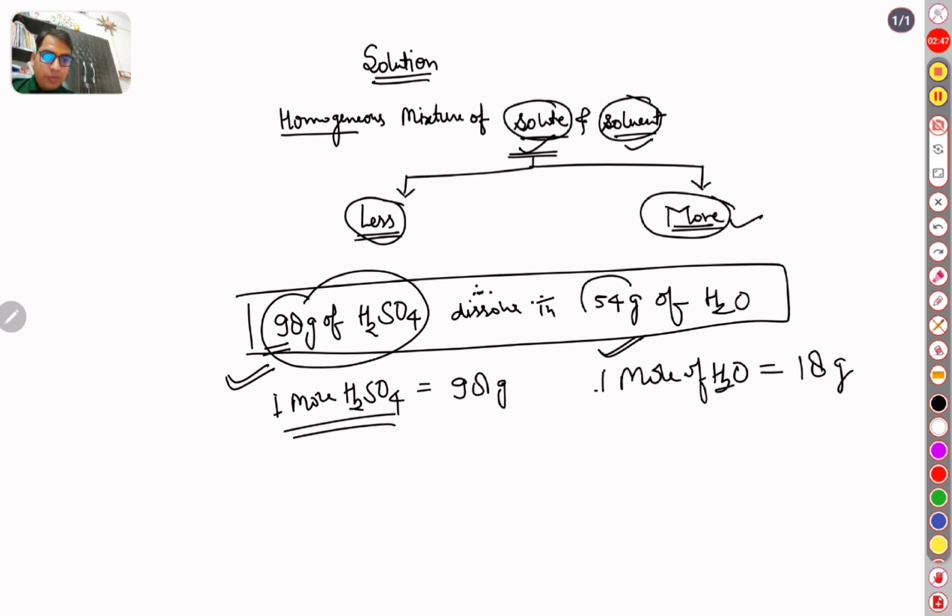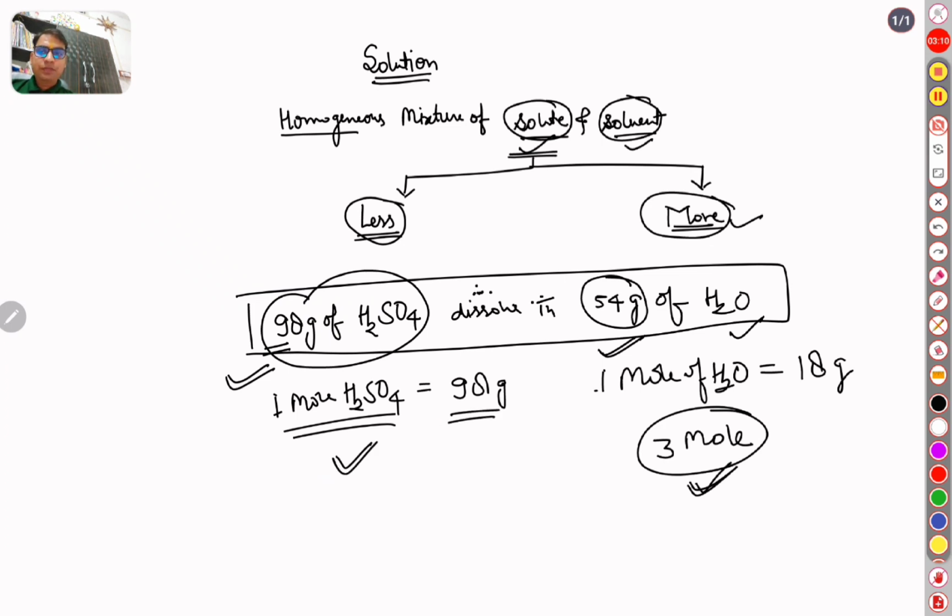So here 54 gram is given, means 18 into 3, 3 mole given. So when 1 mole of H2SO4 is combined with 3 mole of water, which one is the solvent? Yes, you are right. H2O is the solvent, because this is 3 mole and sulfuric acid is 1 mole.